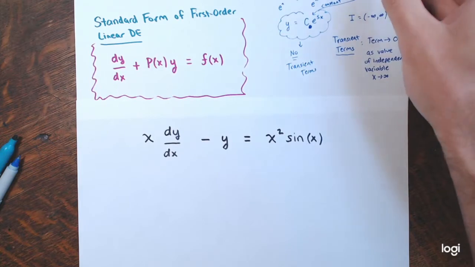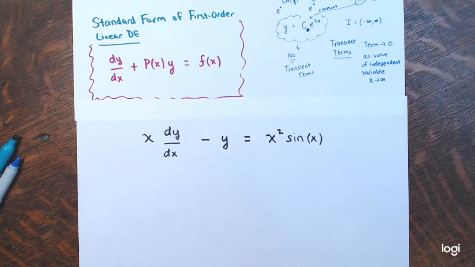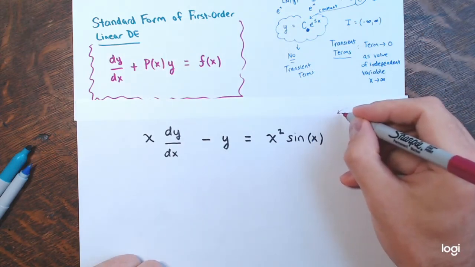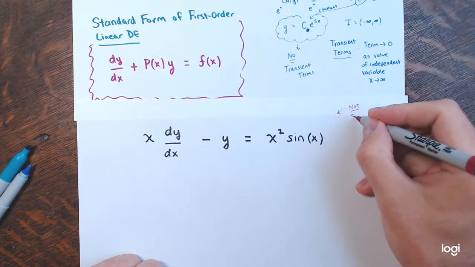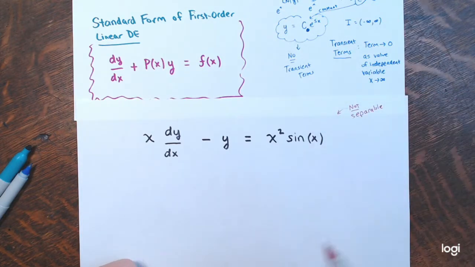I'm going to try to write this equation in standard form, because notice this is not separable. Try as you might, you may be able to make some sort of substitution to turn it into a separable equation, but nothing comes to mind.